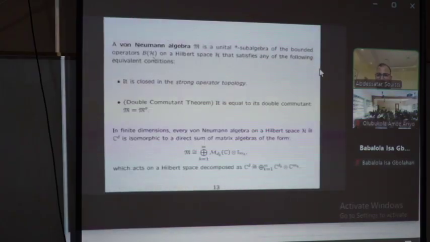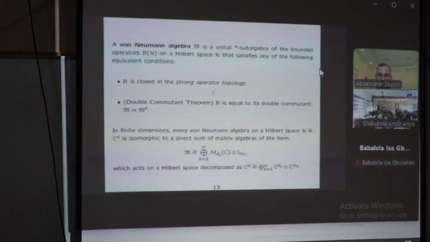Now we define what a von Neumann algebra is, which is a star subalgebra of B of H satisfying one of the equivalent conditions. I just use a soft version of the definition.